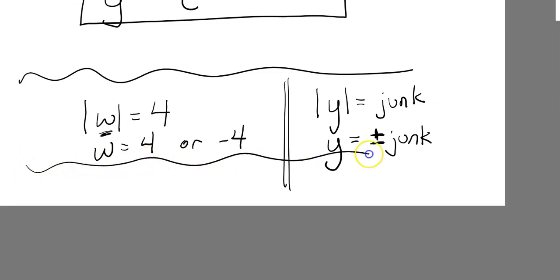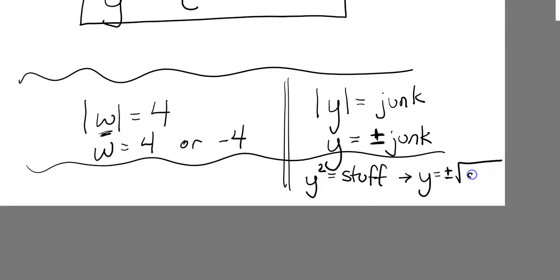Similarly, something you have done before, if y squared equals stuff, then when I take the square root on both sides, we get plus or minus the square root of that stuff. So, hopefully it makes sense that getting rid of absolute values just means maybe you have a positive or a negative of what was there.